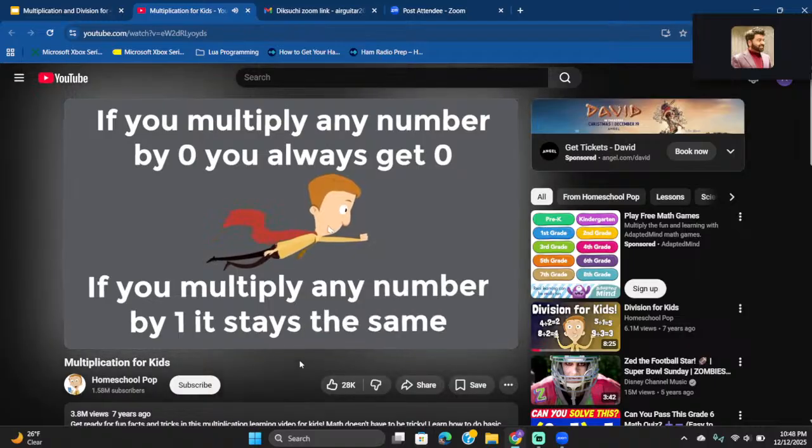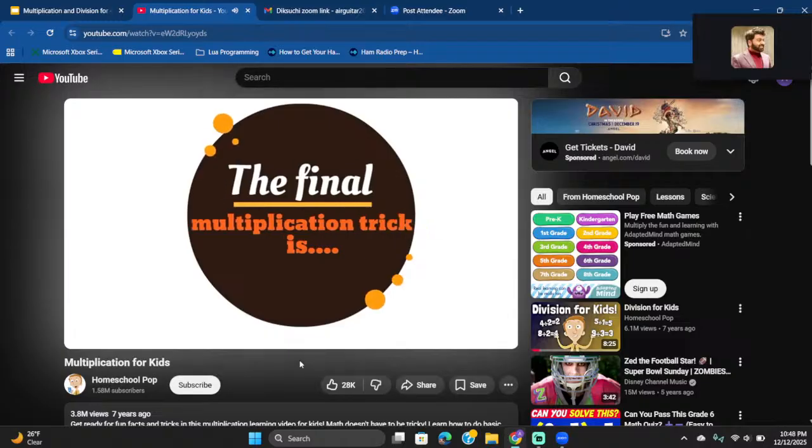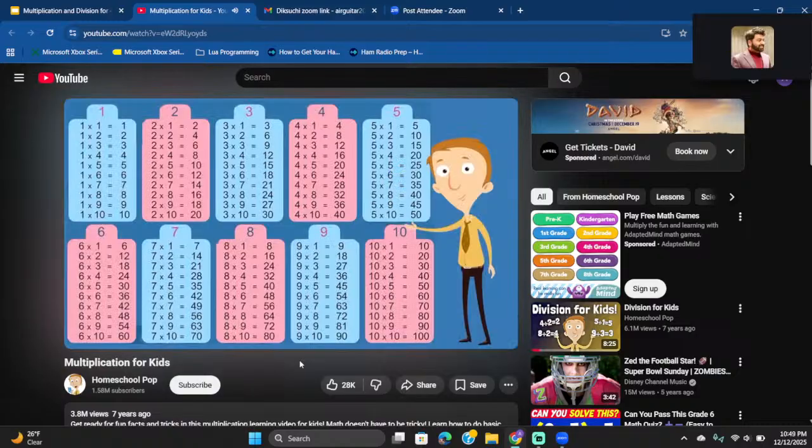The final multiplication trick is to use multiplication tables. They come in all shapes and sizes, but they are all helpful, especially as you're first learning how to multiply. Here are some examples of multiplication tables. There's a table for all of the numbers from 1 to 10.